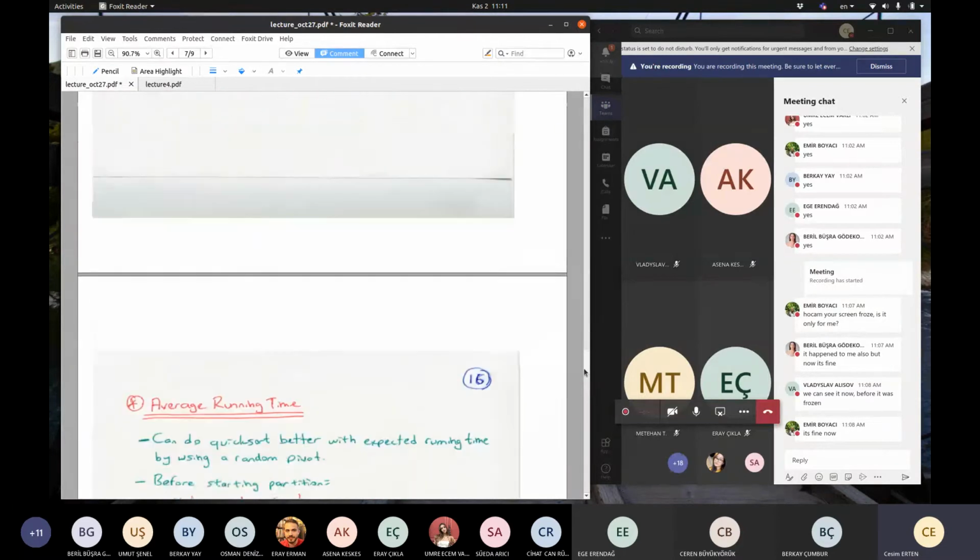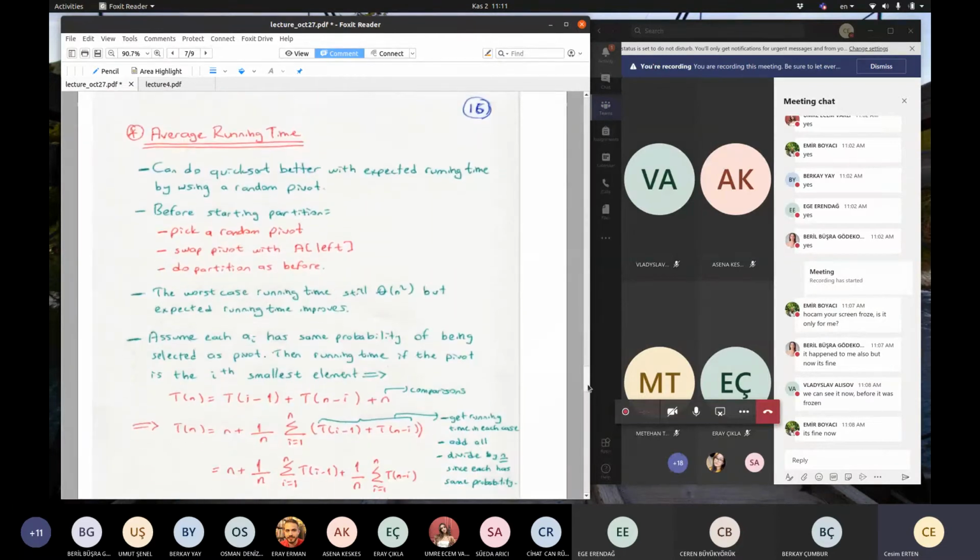Now to do the average case running time, we will consider a very small modification to the main algorithm. The small modification consists of the following.